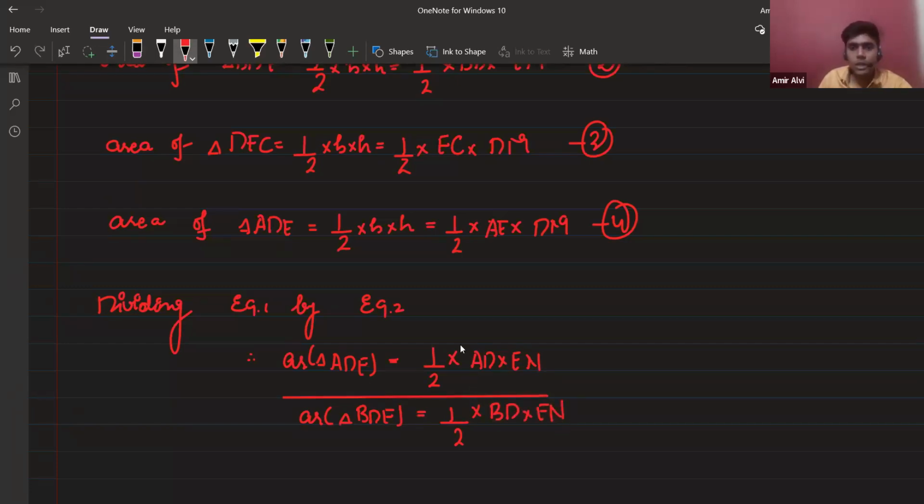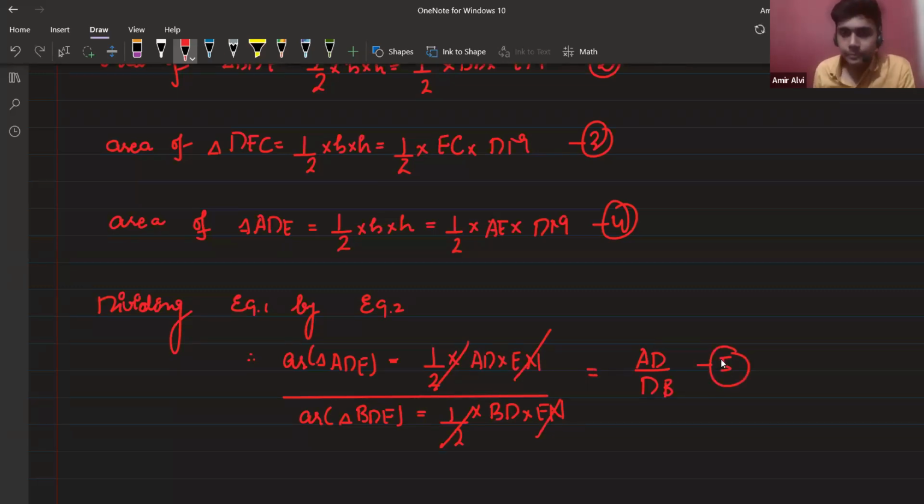Yes or no, Adil? Yes. So EN will cancel out, and what will be left is AD upon DB. BD or DB, same name. Either you write DB or BD, it would be the same. It's not different. Okay. AD by DB. Clear? This is your equation number 5.